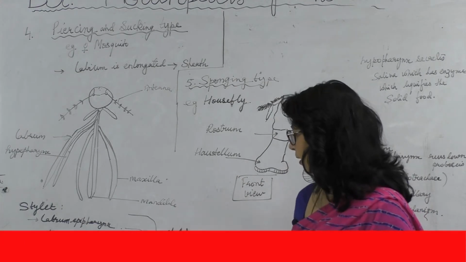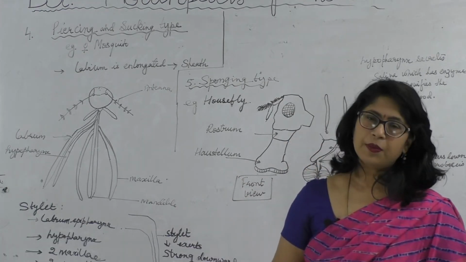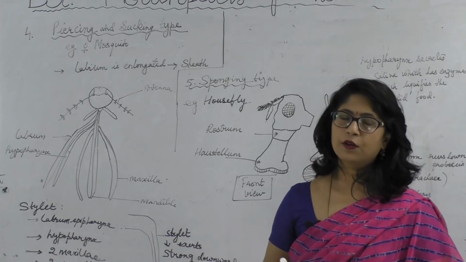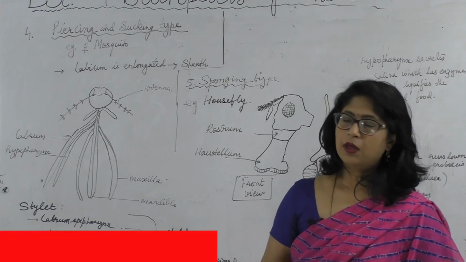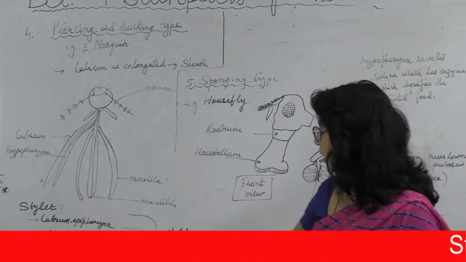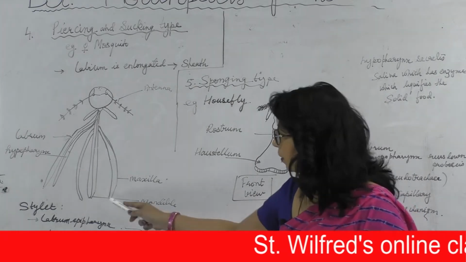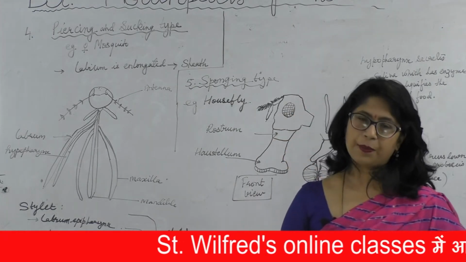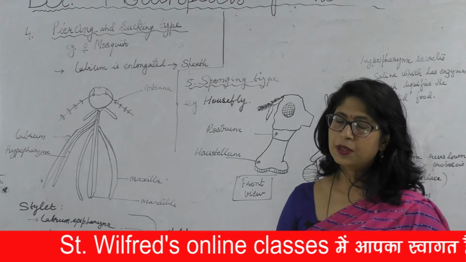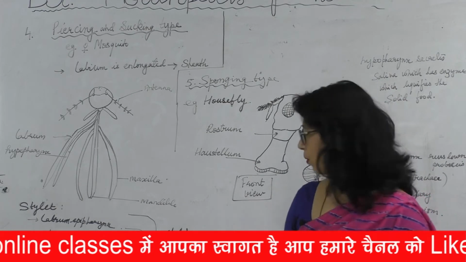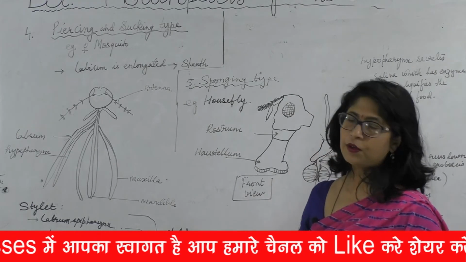These are joined together, which enables the mosquito to suck in the blood from their host. In male mosquitoes, the mandible, maxilla, rather the stylet are absent. It is because the male mosquitoes feed on fruit juices or the nectar from the flower.